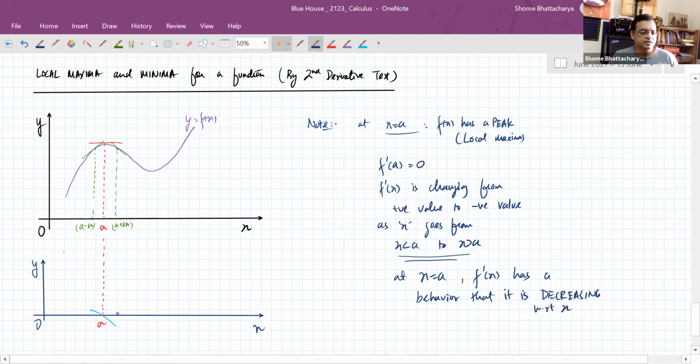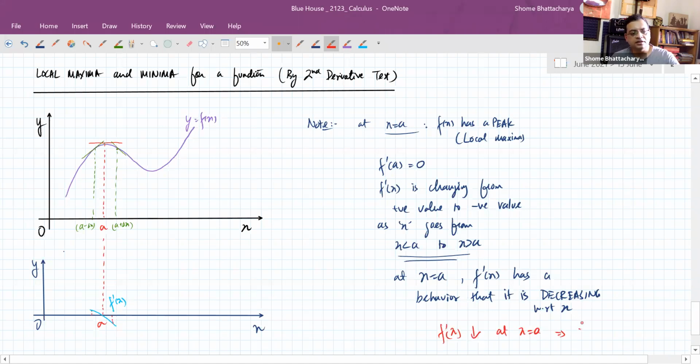So as x is increasing across A, the f prime x, if this is the function f prime x, that has this kind of behavior, that before A, it has a positive value, after A, it has a negative value. Okay. So it is changing from positive to negative. That means it is decreasing. Okay. So f prime x is decreasing at x equal to A.